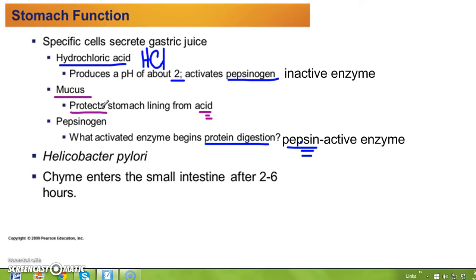There's another bacterium that we've known about for quite a while, and there was a scientist by the name of Barry Marshall. Barry's hypothesis was that this particular bacterium, Helicobacter pylori, is responsible for stomach ulcers.